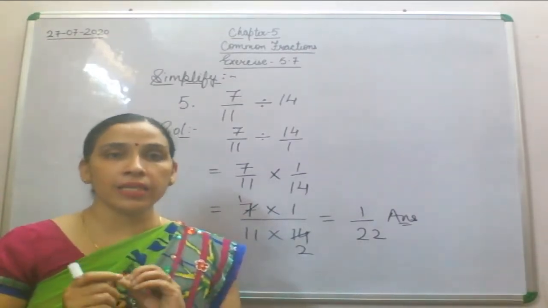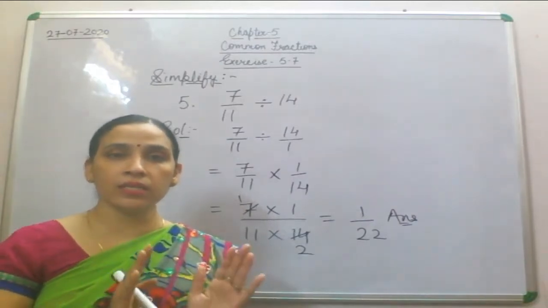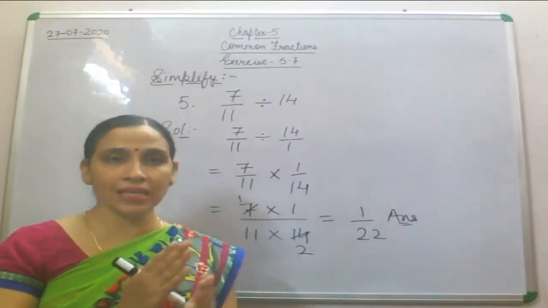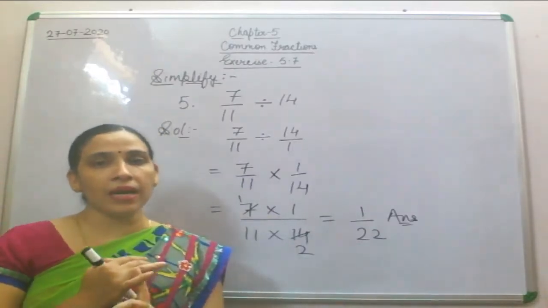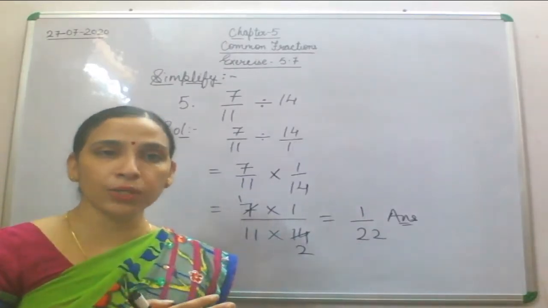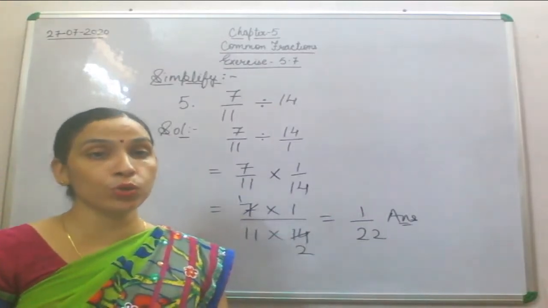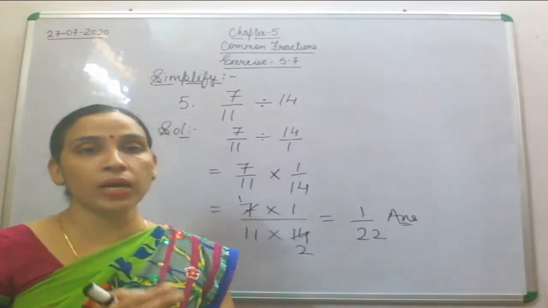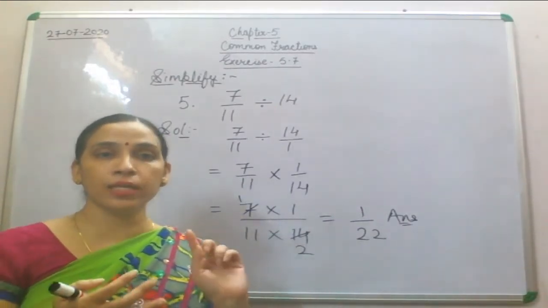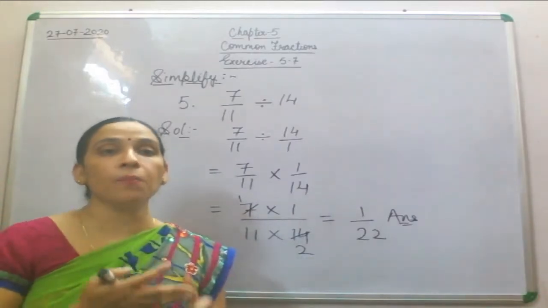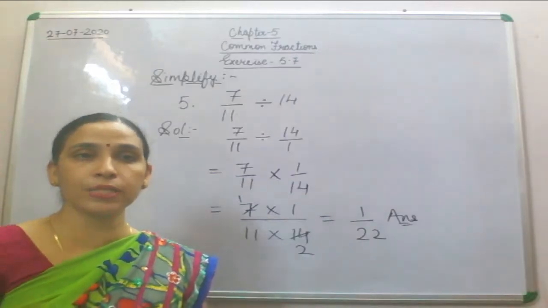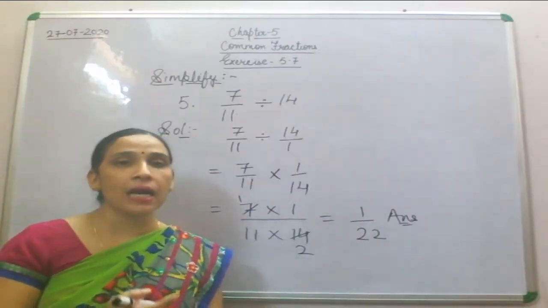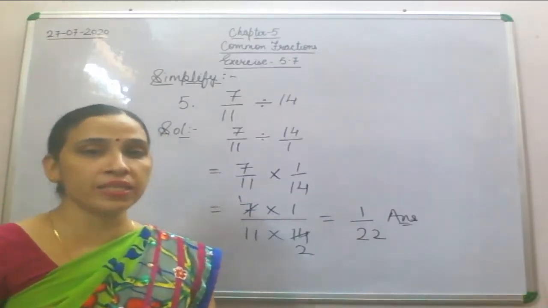We have also understood what unit fractions are. Unit fractions are those fractions which have 1 in the numerator. Then we understood what proper fractions are. Proper fractions are those fractions which have a lesser numerator than denominator.